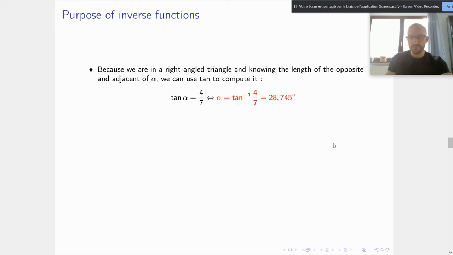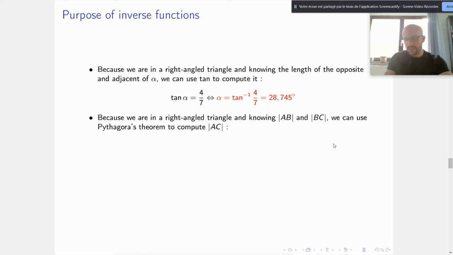For the second problem, you're in a right angle triangle. You know the length of AB and BC. You can use the Pythagorean theorem to compute AC. So in this problem, BC squared is the sum of AB squared and AC squared. So you need to isolate AC squared.